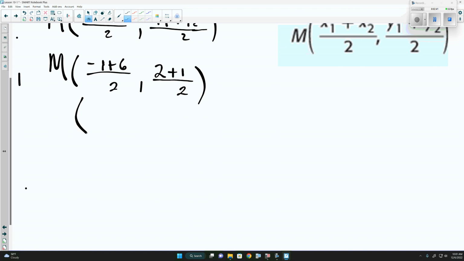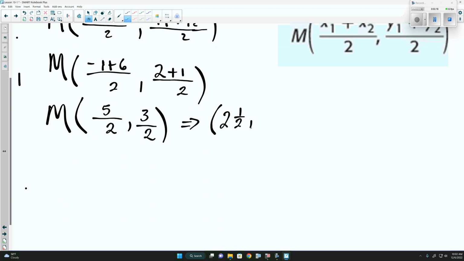Now we just need to simplify. Negative 1 plus 6 is 5 over 2. 1 plus 2 is 3 over 2. Well, can we simplify 5 halves or 3 halves? No, there's no greatest common factor. We could rewrite it as a mixed number, or we could say it's 2.5 and 1.5.